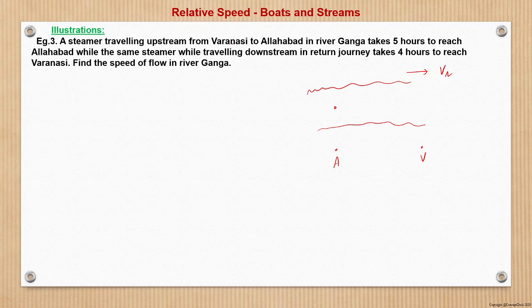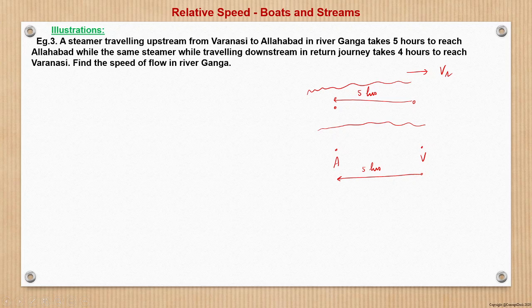Upstream is from Varanasi to Allahabad, so downstream will be Allahabad to Varanasi. And it takes the steamer 5 hours to reach Allahabad from Varanasi. So in the first case, steamer is moving this direction from Varanasi to Allahabad in 5 hours, right?